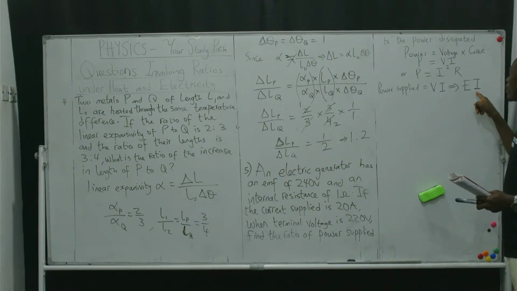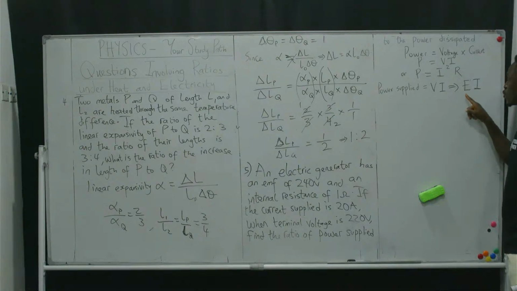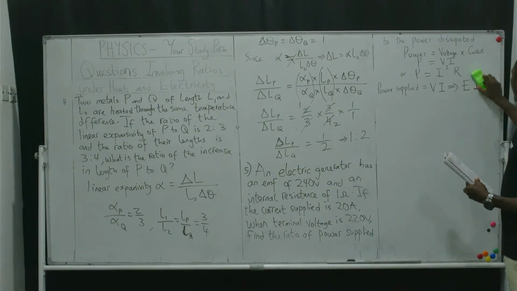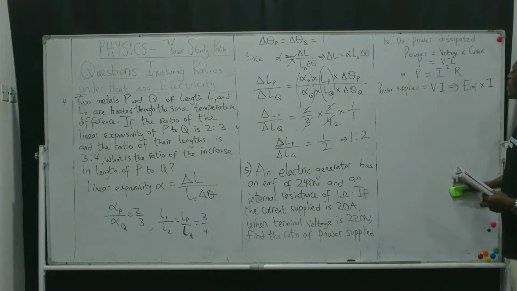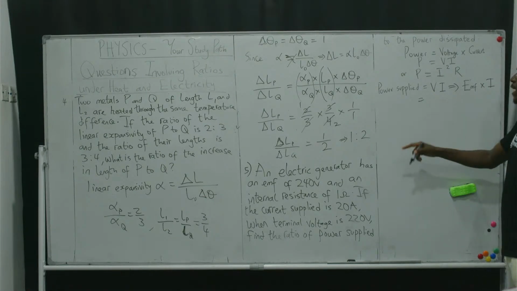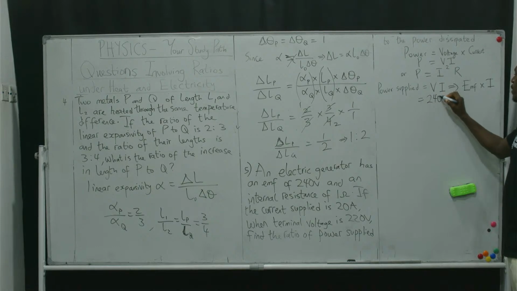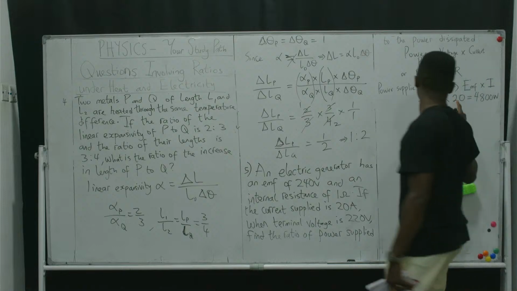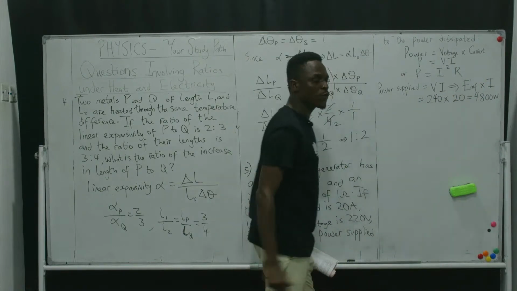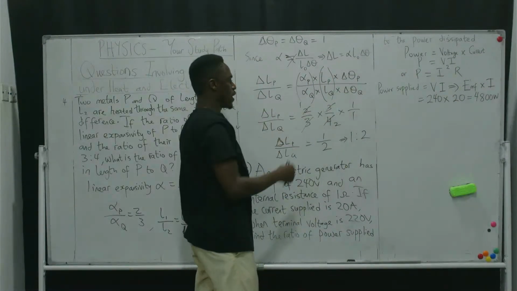So you have that the original voltage that is supplied is actually the EMF times current. And if I'm to calculate that, the EMF is given as what? 240 multiplied by the current, 20. And you end up arriving at 4,800 watts. Checking here, 2 times 24 is 48. And we have the 2 zeros attached.